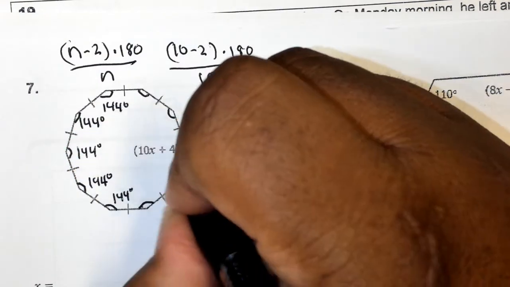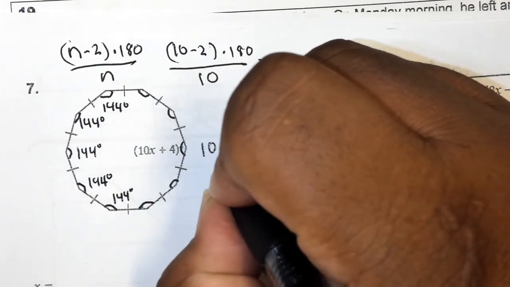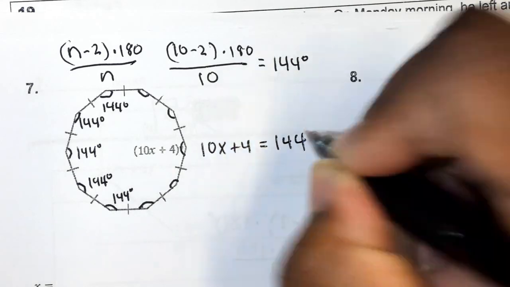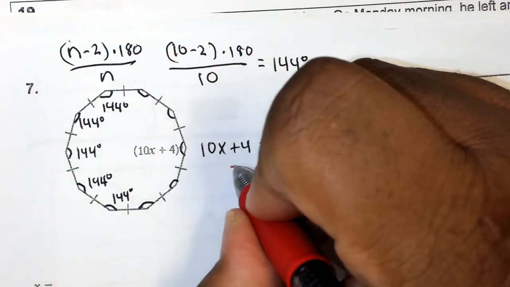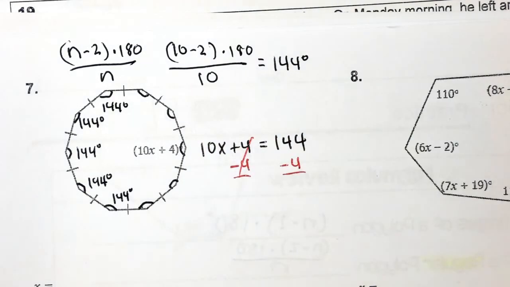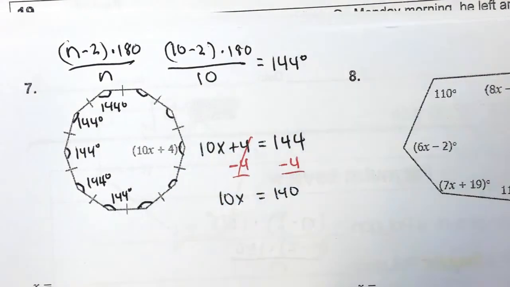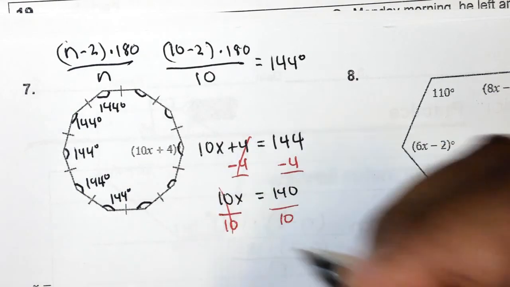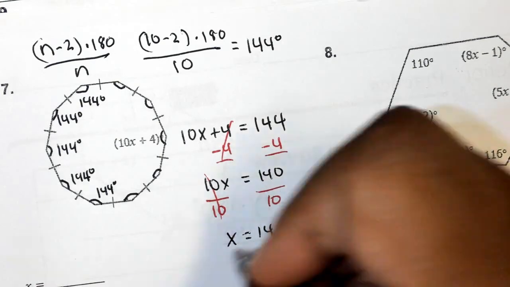Even this one that we got 10x plus 4 on. If that's the case, 10x plus 4 equals 144. Then you can solve for x. X equals 14.